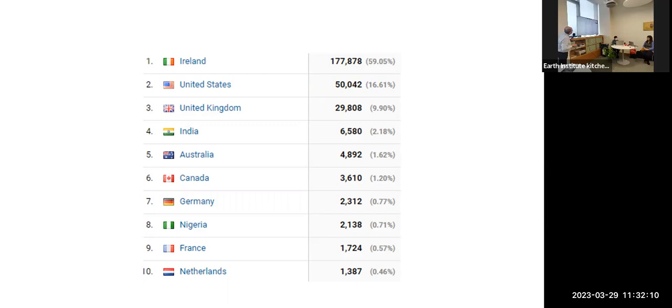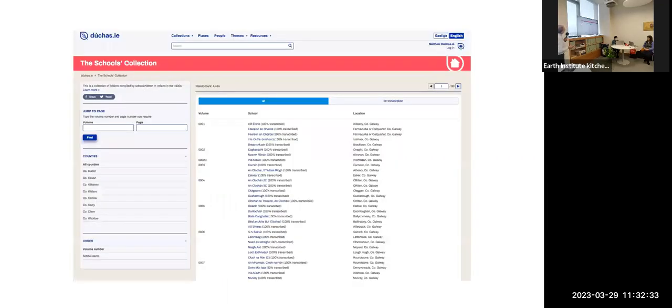The United States has jumped in the past year from 12 to 16%. The UK is down from about 11% to almost 10%, slightly. India, interestingly, features high up there. There's a lot of Indian people coming to Ireland, and I think Dúchas is a source of cultural information for people arriving, coming to Ireland and settling here, or just spending a short amount of time.